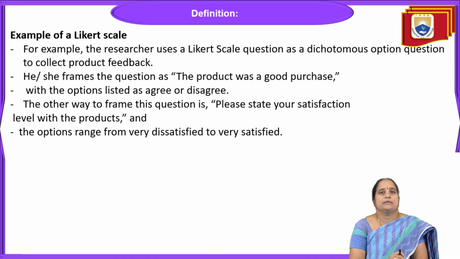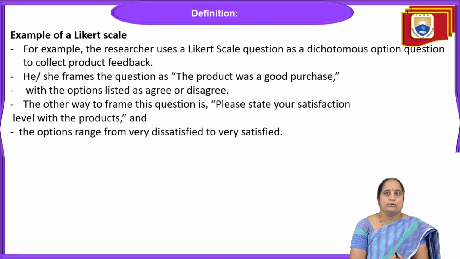Coming to the example of a Likert scale: if a researcher uses a question with a dichotomous option to collect product feedback, the respondent may be asked whether the product was a good purchase or not, whether they agree with this statement or not. A few people will agree and a few will disagree. The other way to frame this question is: please state your satisfaction level with the product.